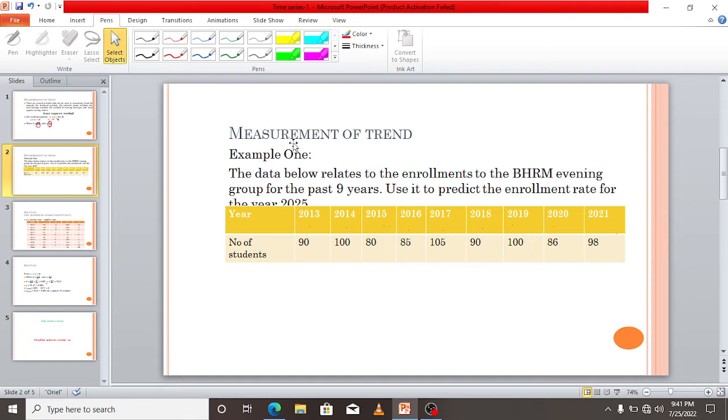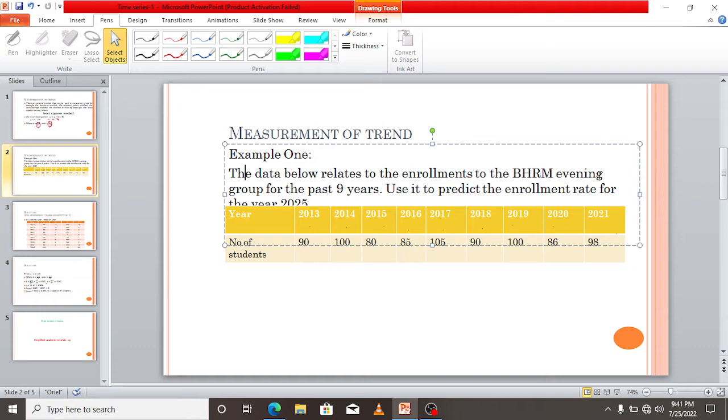So this is a course, Bachelor of Human Resource Management, I think. The data below relates to the enrollments to the BHRM evening group for the past 9 years. Okay, so that is n. N equals 9. Use it to predict the enrollment rate for the year 2025.